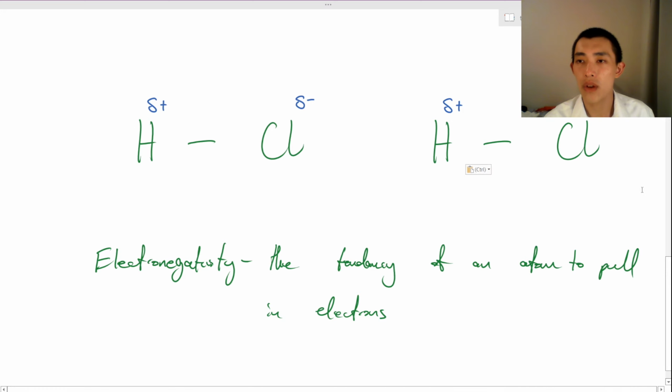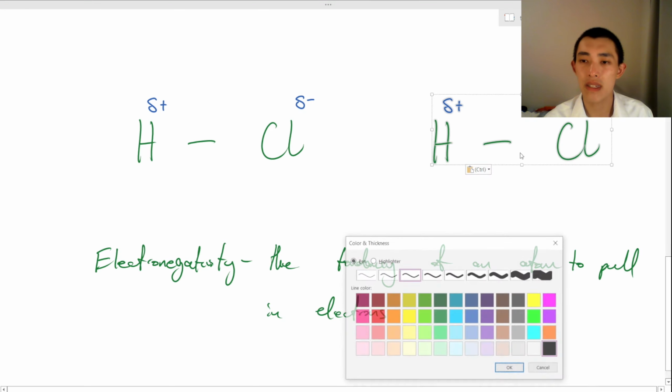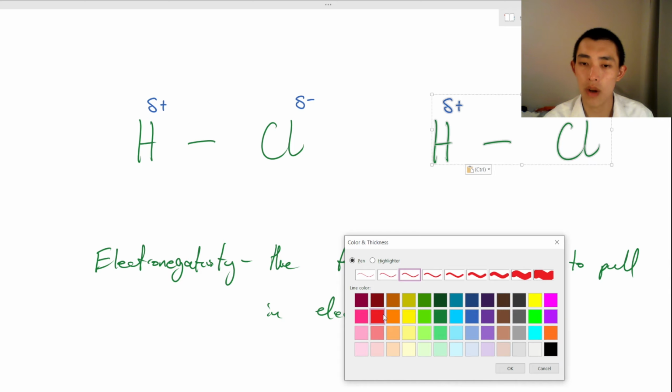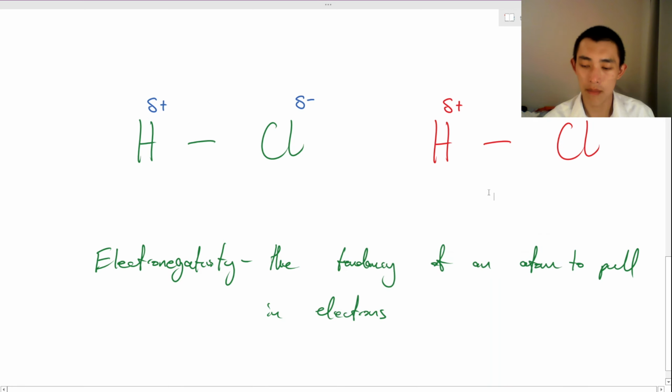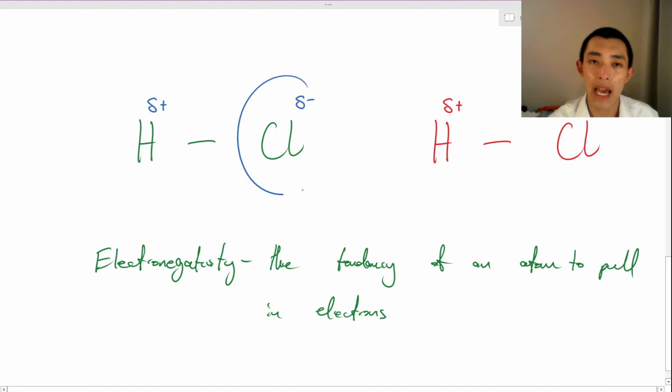Well, to give you a sense of why this is so, let's consider if we have a second one. Let's say this one is in red. Let's consider what happens between this red hydrogen and this green chlorine. Here we have a positive charge and here we have a negative charge.